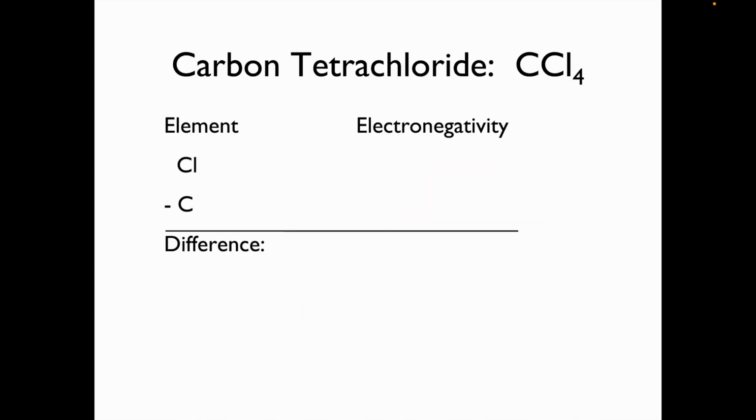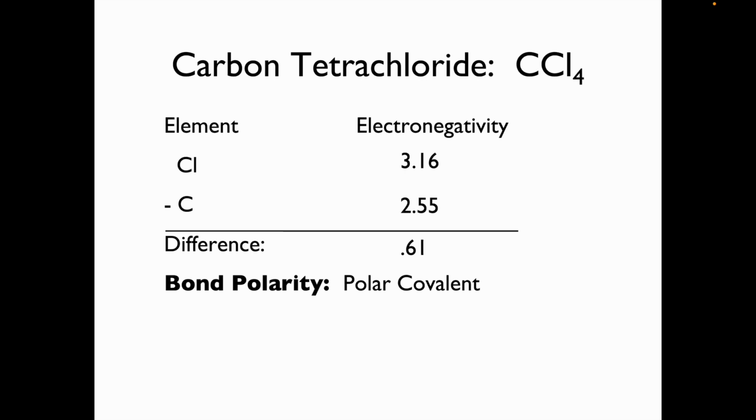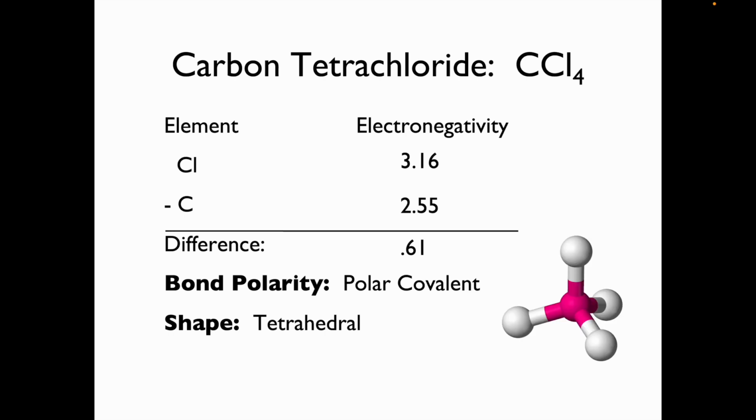Let's look at another example, carbon tetrachloride. Chlorine has an electronegativity of 3.16. Carbon is 2.55. The difference is 0.61, which means we've got a polar covalent bond. So each individual carbon-chlorine bond is polar. However, the shape of carbon tetrachloride is tetrahedral, okay?